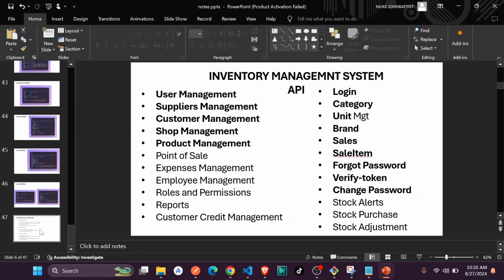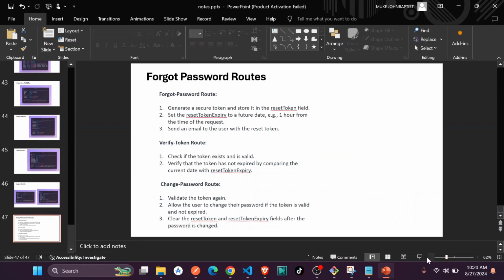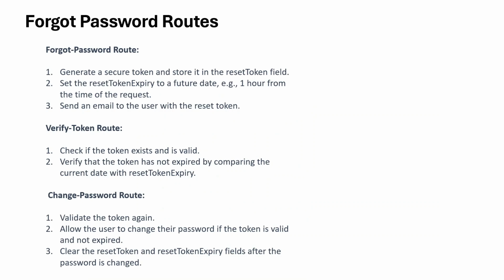So if you just go down here, I just wrote this flow here. When someone forgets their password, this person clicks on forgot password, and then they ask him or her for the email. And three things happen here.